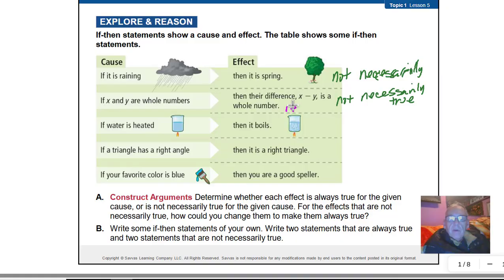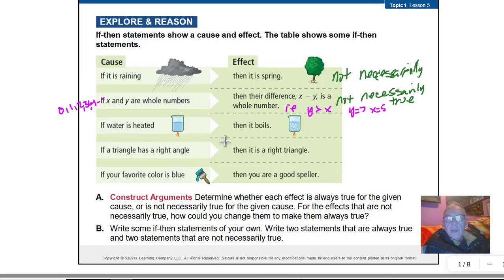So if y is greater than x, it's not necessarily true. Any of those would be a counterexample. Like y could be 7 and x equals 5. That would give us a -2 for their difference, and a -2 is not a whole number. Remember, whole numbers are 0, 1, 2, 3, 4, 5, and so on. There are no negative numbers.